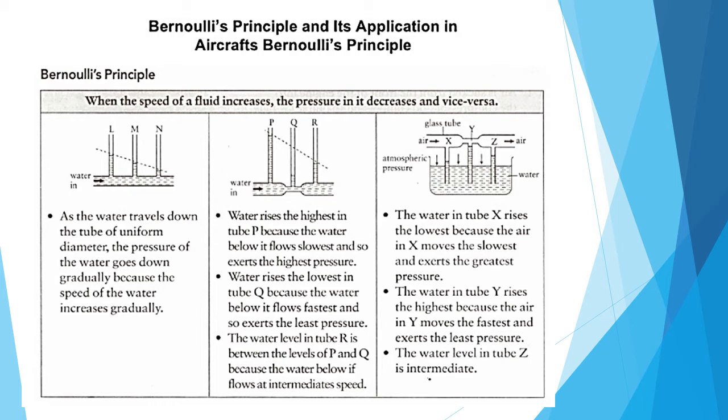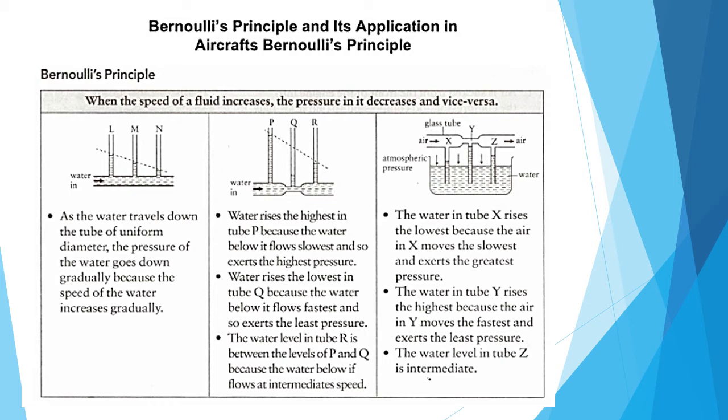At M it is moderate, intermediate. At the end tube, the speed of the water is faster. So you can see the level of water in L, M, N is gradually going down.